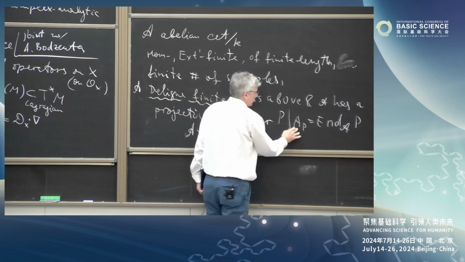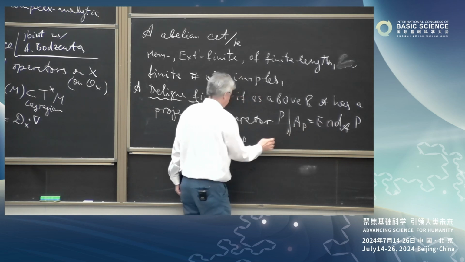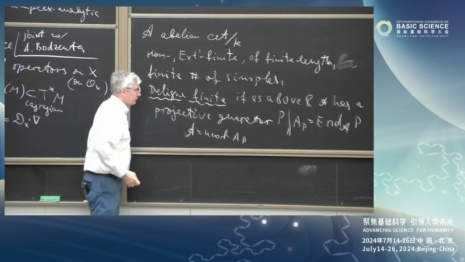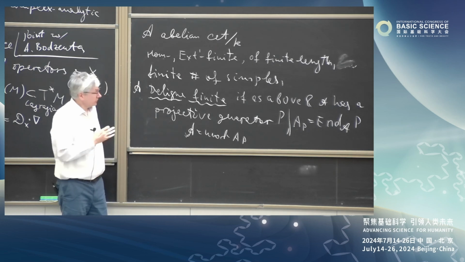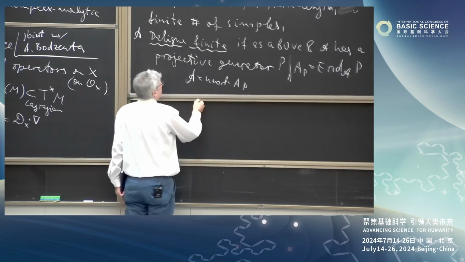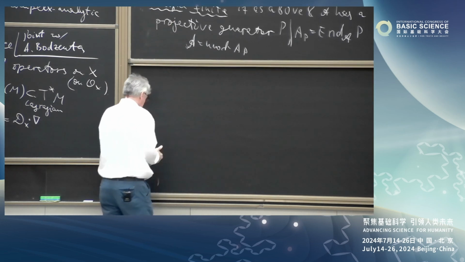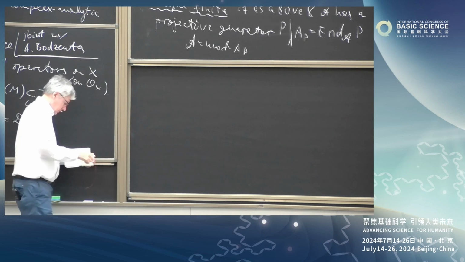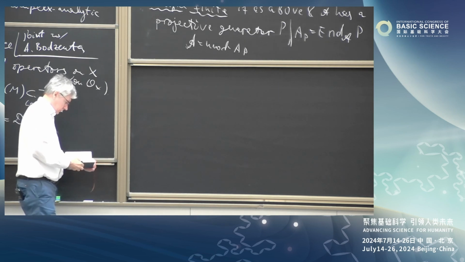So all these are finiteness conditions on the categories which we consider. If you consider the endomorphism algebra of this object P, then the category could be identified with the category of finite dimensional modules of this algebra, right modules. Now, under all these conditions, I would like to define what is the highest weight category.